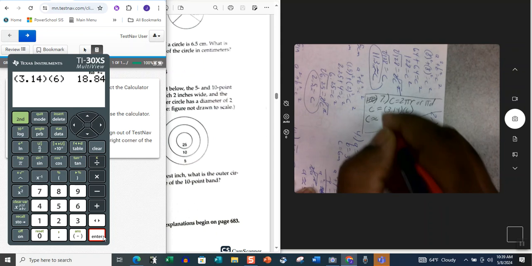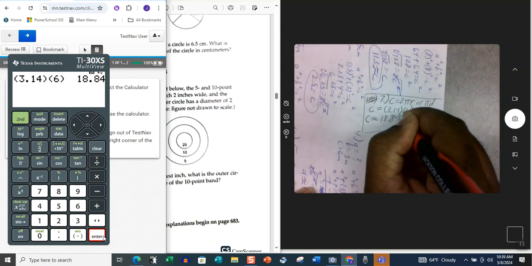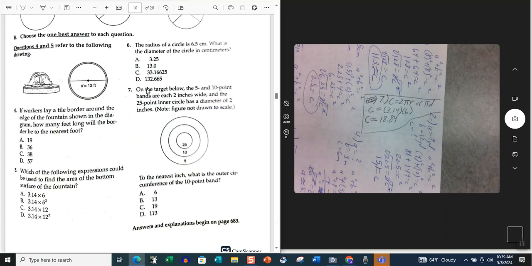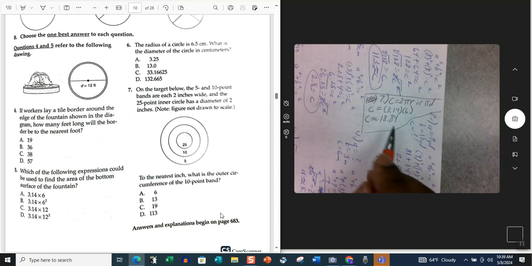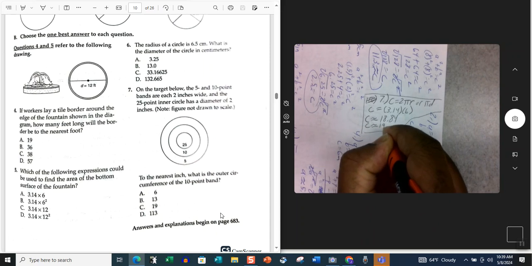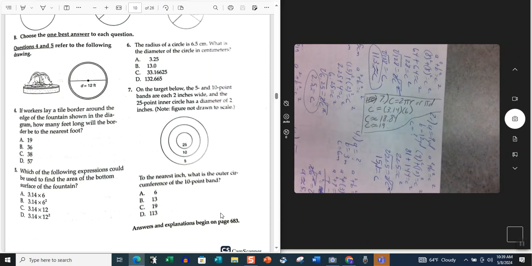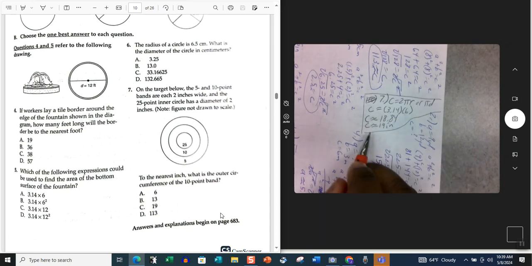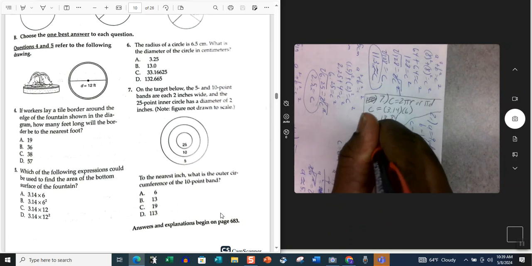So it'd be 18.84. Now they ask us to the nearest inch, so they want us to round this to the nearest whole number. 18.84 is approximately 19. And this is inches. So the circumference is 19 inches, and that would be C.